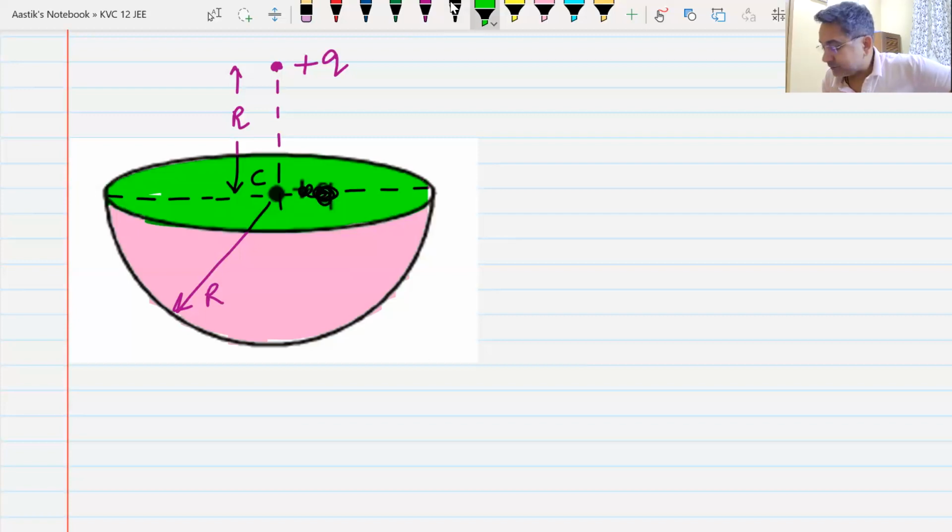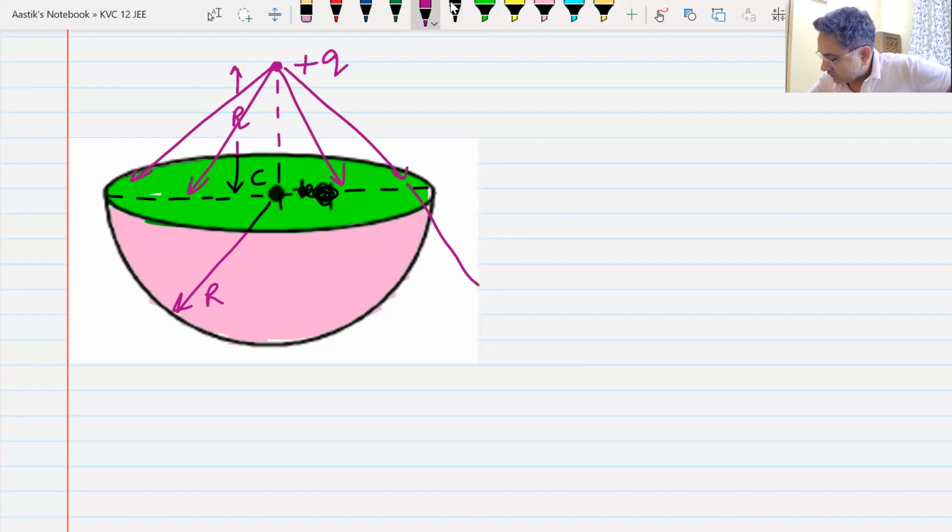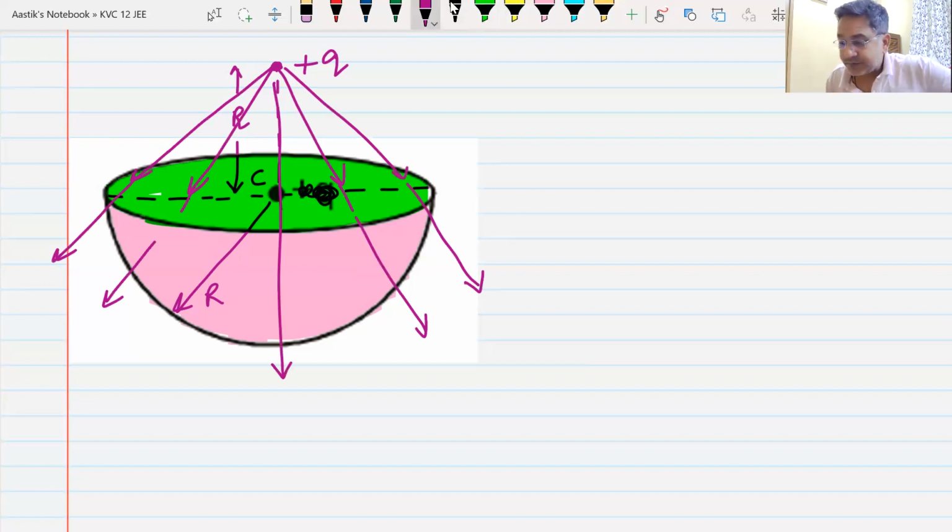That means whatever electric field lines are going in, the same number of electric field lines will be going out.